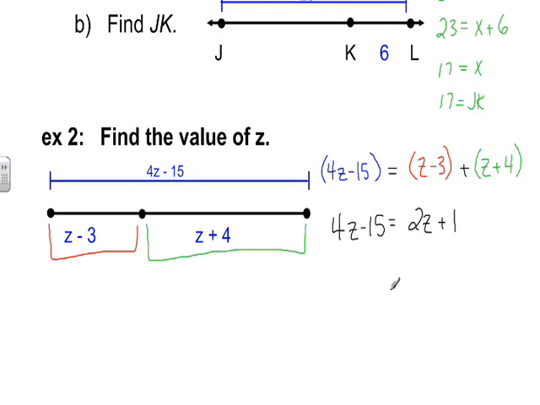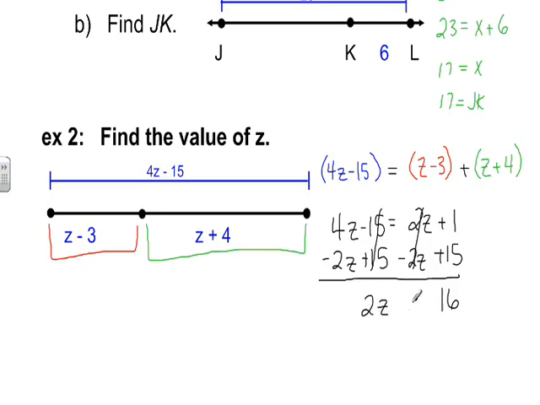Now we're isolating z. This is just a multi-step algebra problem. Add 15 on both sides. This will be 16. I'm going to subtract 2z on both sides, and I'll have 2z is equal to 16. Divide both sides by 2, and z is 8.